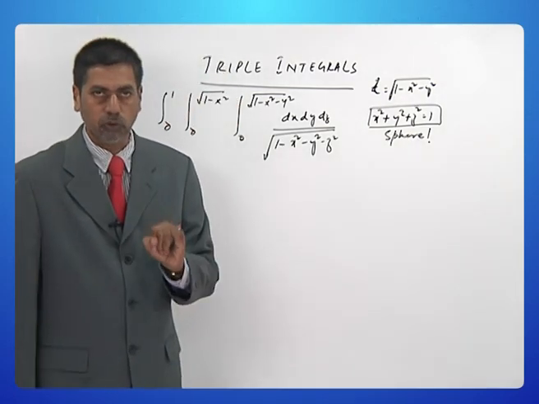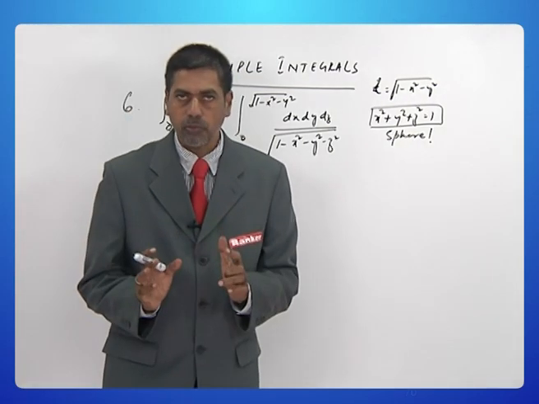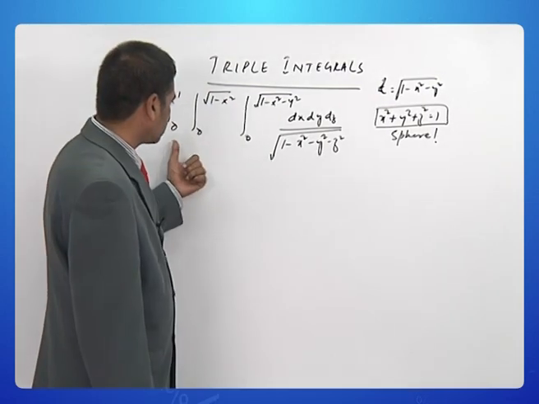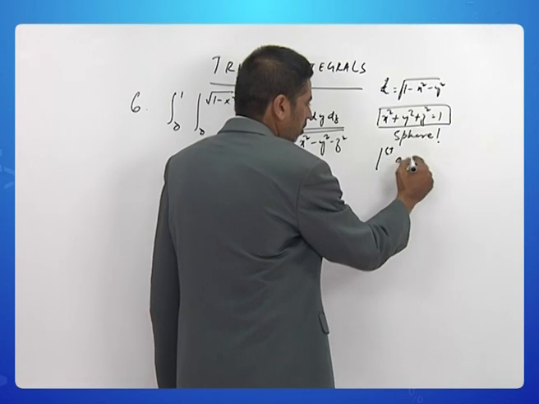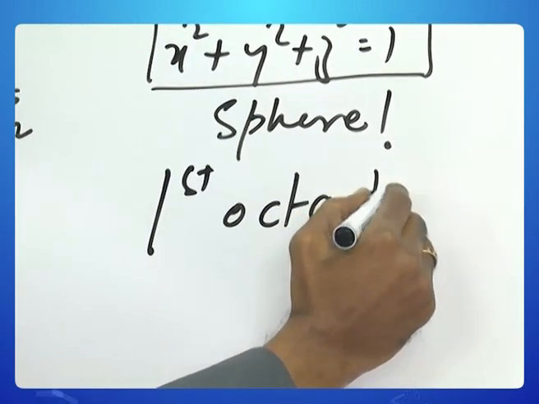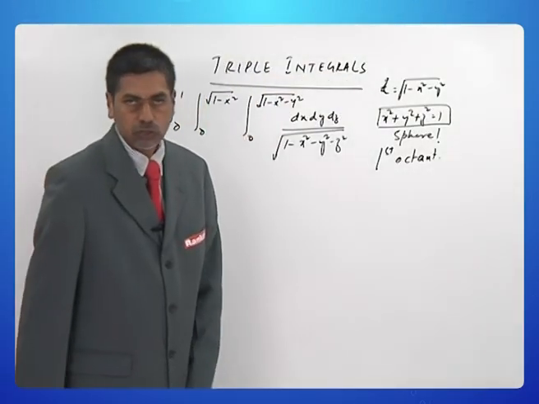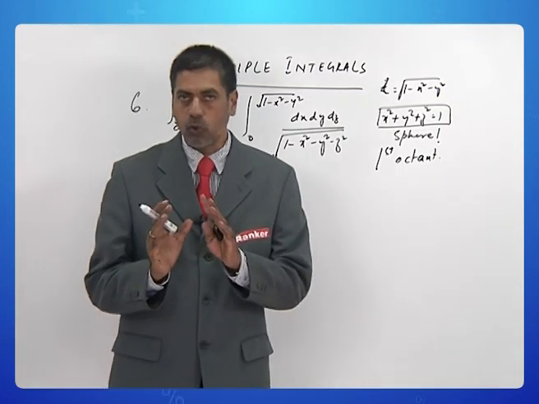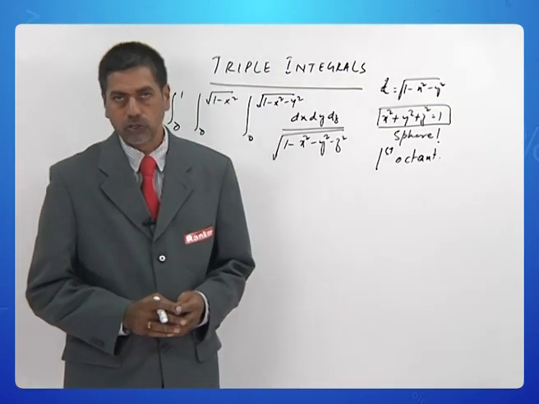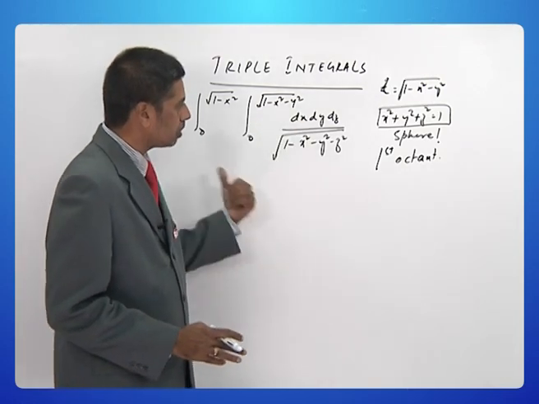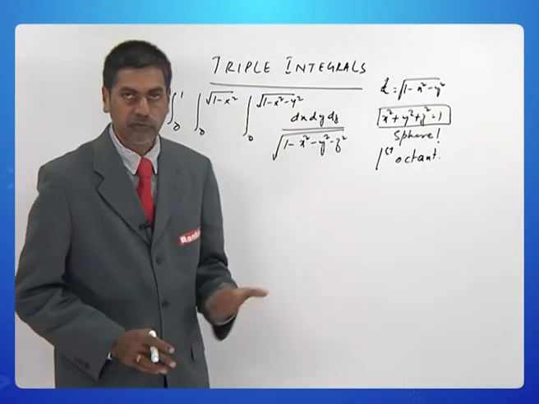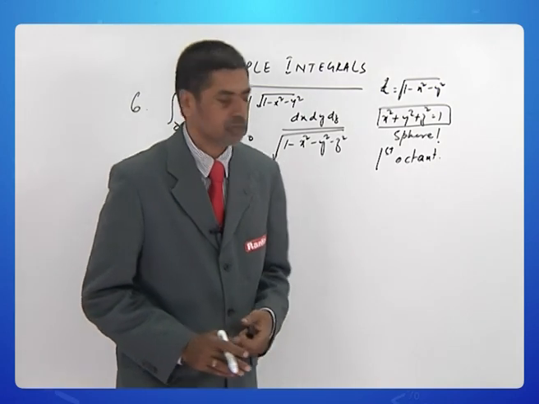That is observation number 1. Observation number 2, look at the lower limits of integration, they are all 0. So this sphere is located in the first octant. So we are integrating over 1/8 of the sphere. So if you keep this in mind, then this integration can be completely transformed in terms of spherical polar coordinates.